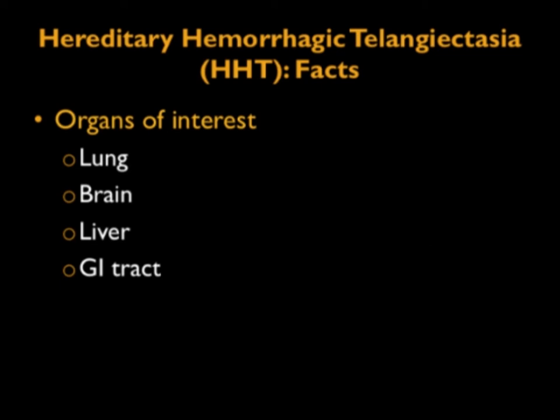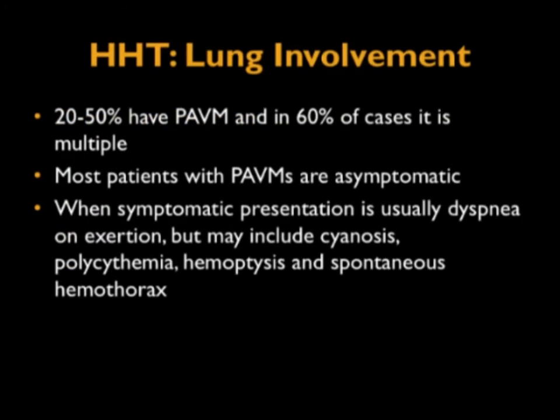Again, the one we think about is the lung. Most common, often multiple. Most patients are asymptomatic, but some become symptomatic, particularly with larger pulmonary AVMs or multiple. Patients can be cyanotic, polycythemia, hemoptysis can occur, and even spontaneous pneumothorax.